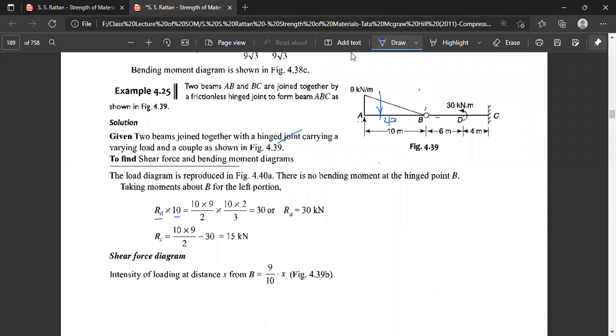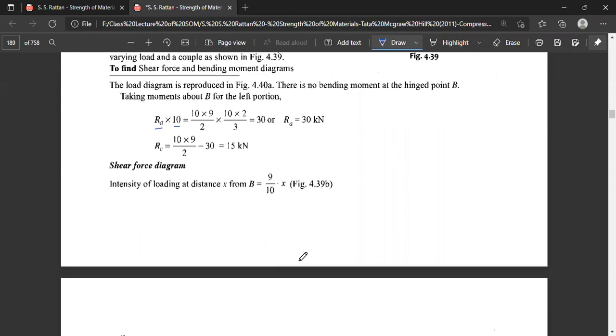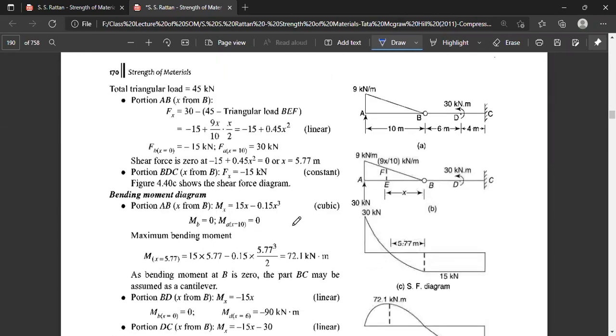Now, the shear force diagram we have already discussed. Let us do the bending moment diagram.